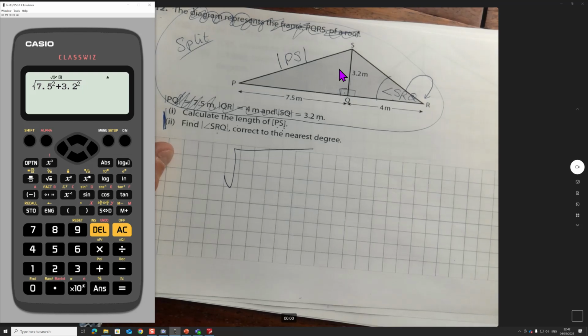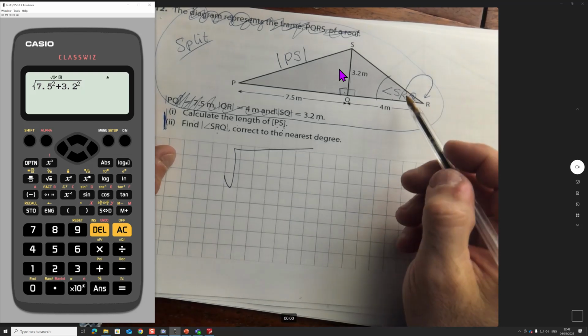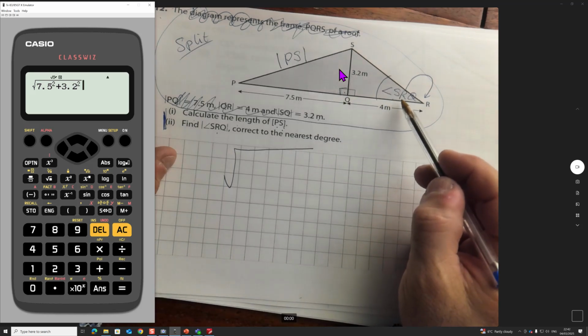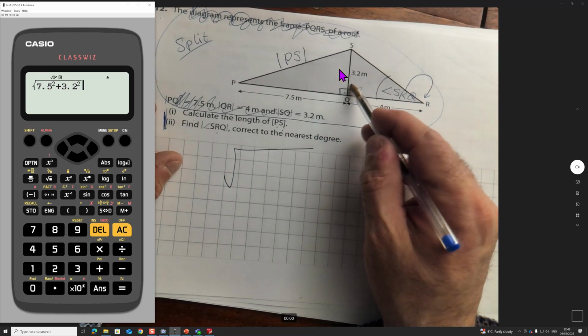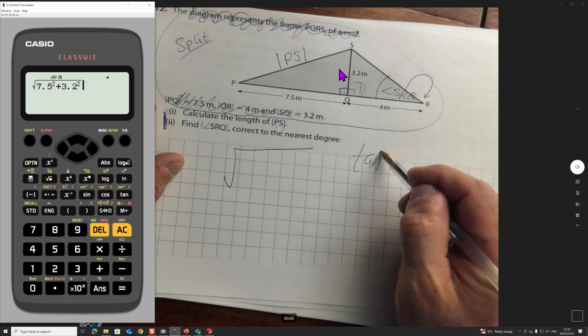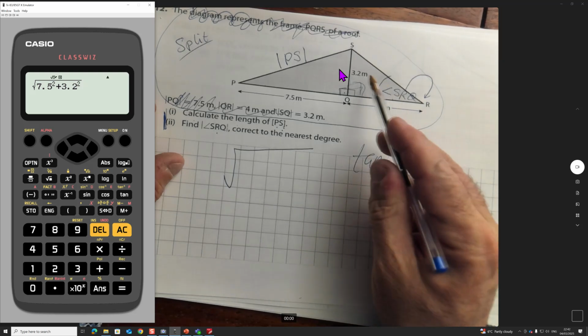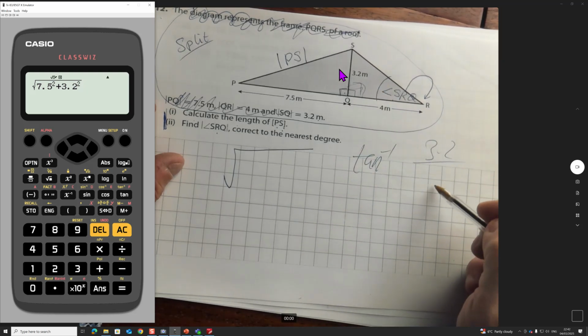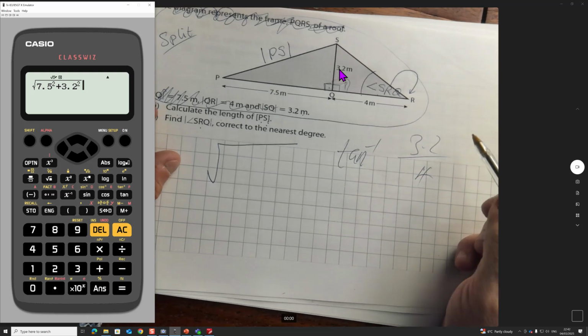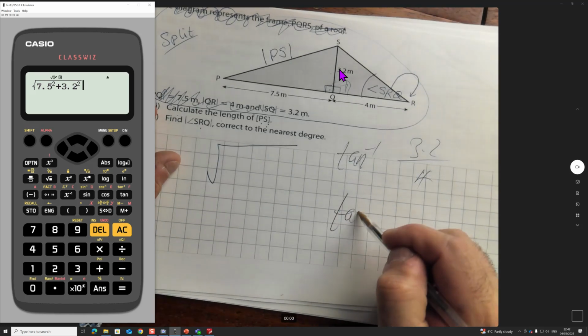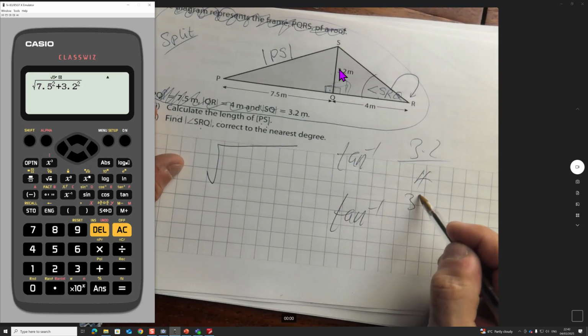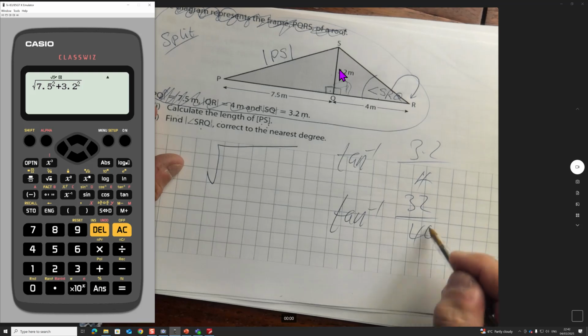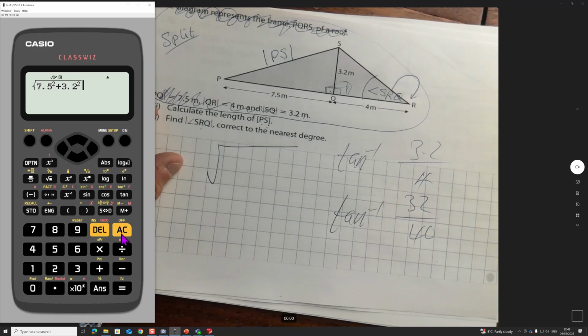Okay. So what we're going to do is, well, that's actually completely separate to this. So we're going to tan it, aren't we? So we're going to inverse tan 3.2 over 4. Or, if we don't want to have a decimal place, just press the decimal button, 32 over 40.